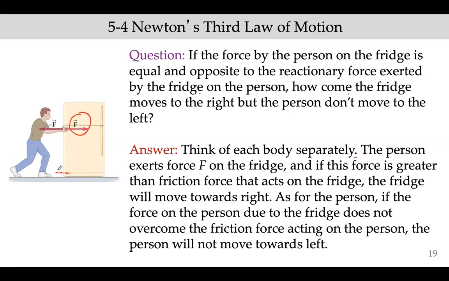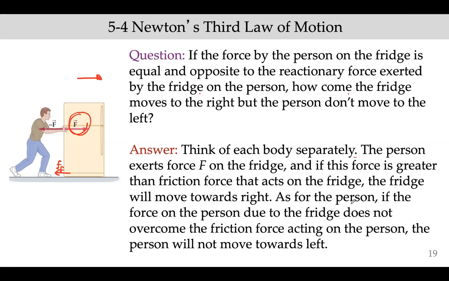It should be to the left because the person is pushing it to the right. This is the friction on the fridge. If this force is greater than the friction, then the fridge will move to the right.